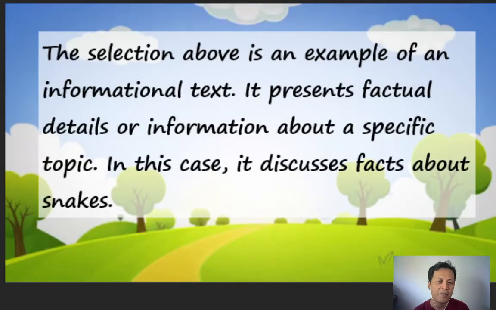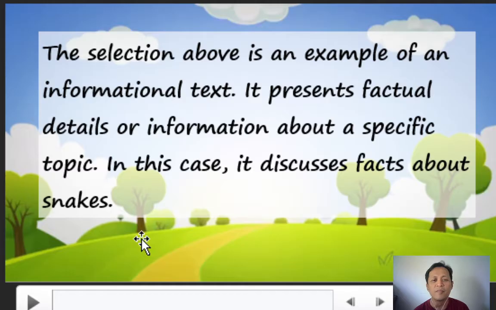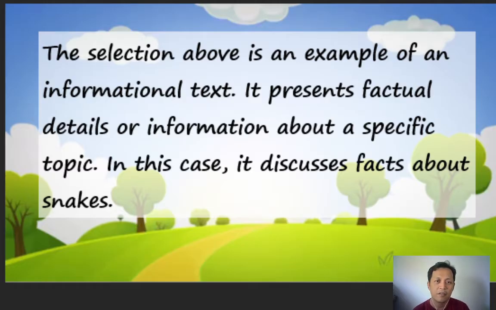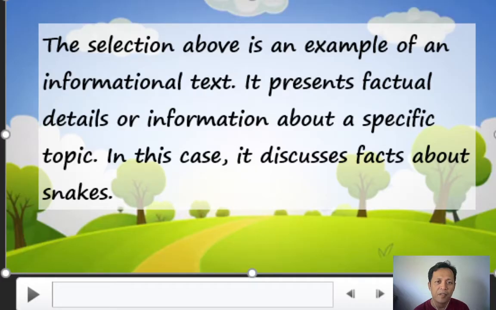Now let us discuss this one. What do we call this kind of text, and what is informational text all about? Now the selection above is an example of informational text.